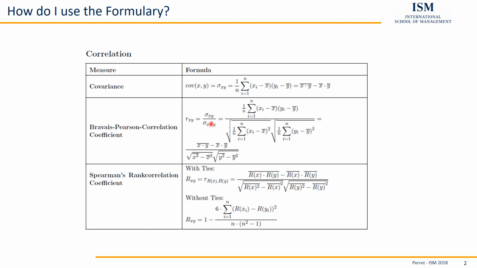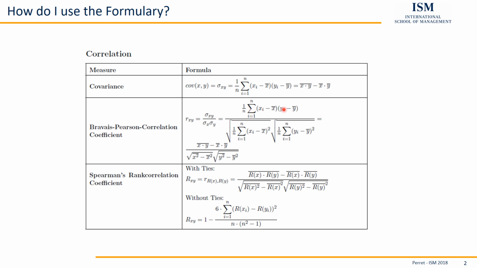Because if we take a closer look here, this correlation coefficient, usually marked with a small r or with a rho, here is covariance, that's the sigma xy, divided by the standard deviation of x times the standard deviation of y.